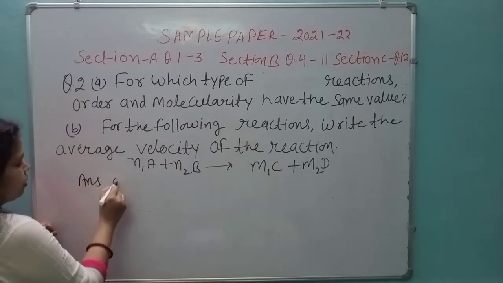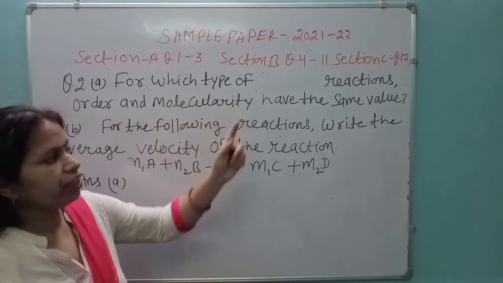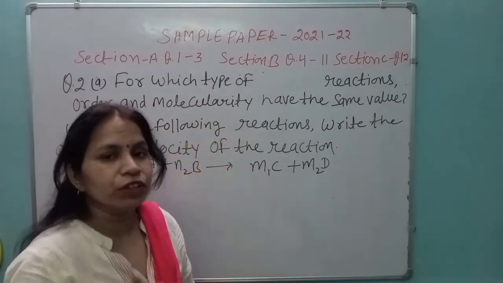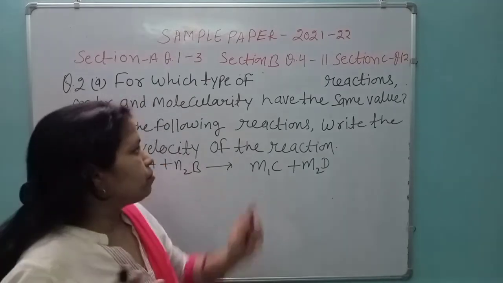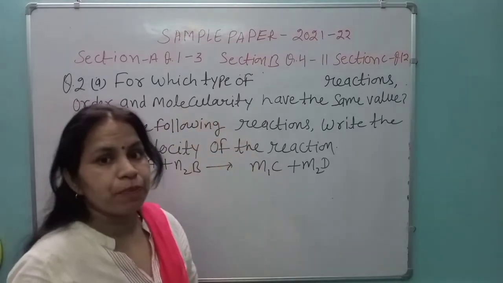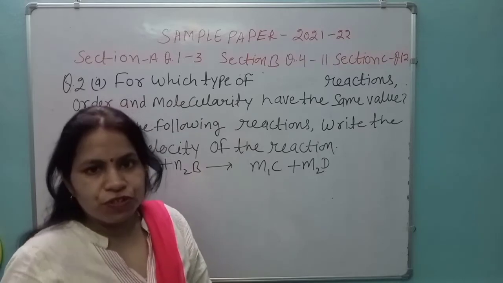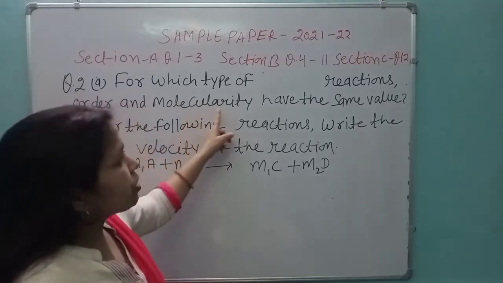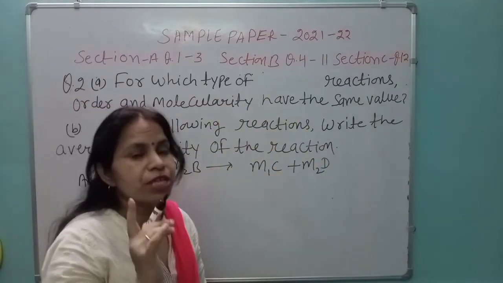How to write the answer? For which type of reaction are the molecularity and order of reaction the same? Molecularity depends on the number of molecules, never zero, never negative. But order of reaction depends on the slow step of the reaction, and it may be zero, it may be negative, it may be fractional. So in which type of reaction are molecularity and order of reaction the same value?